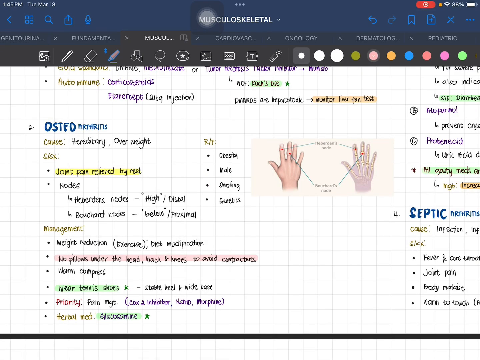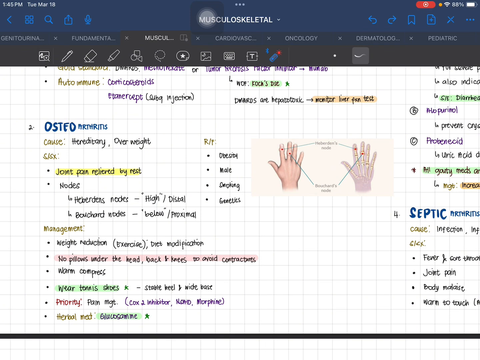Okay, so next is osteoarthritis. So, ang cause ng osteoarthritis is pag overweight si patient and hereditary. So, namamana ito. Risk factors. So, maging at risk ka kay osteoarthritis kapag ikaw ay, of course, overweight, obese.